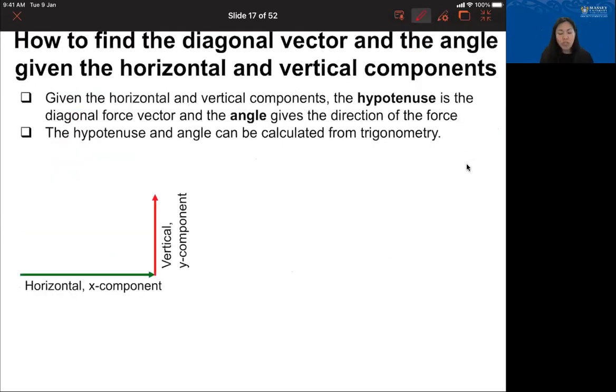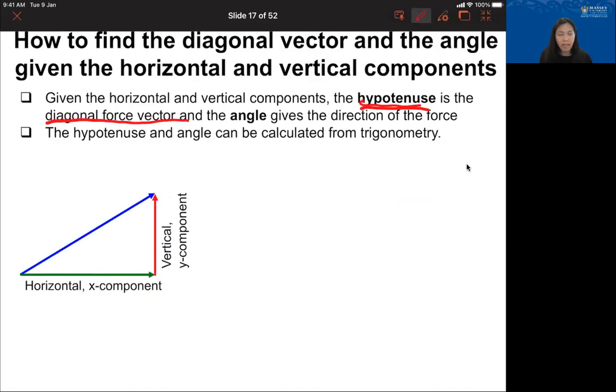We again use trigonometry because we're again forming a right angle triangle here. Just remember that the hypotenuse of the right angle triangle gives you the diagonal net force. So we want to find the hypotenuse of this right angle triangle that is formed by your horizontal and vertical components.